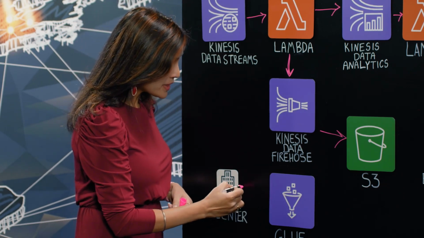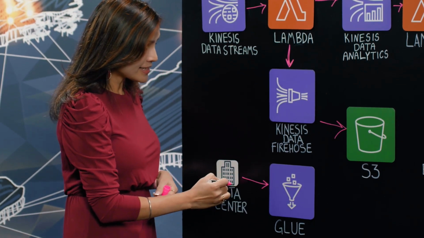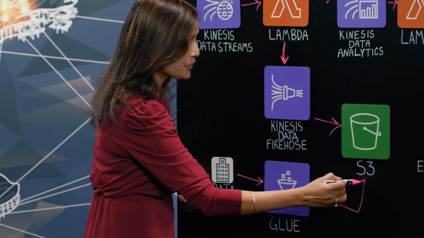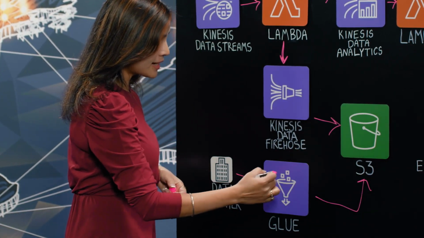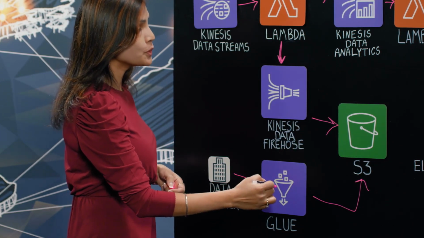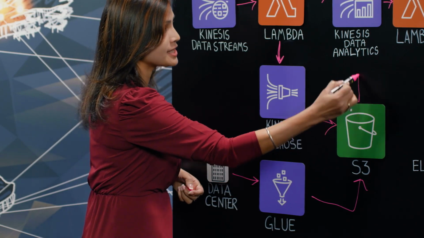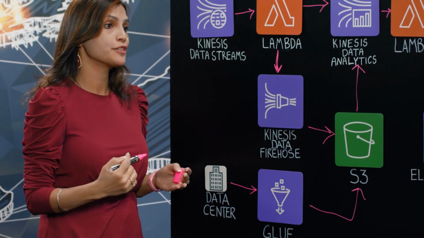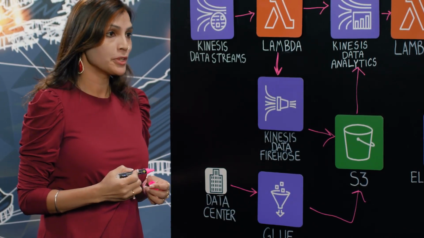So Glue helps us extract the clinical data sets from the data warehouse and pushes that to S3. Once the clinical data sets are pushed to S3, we are also building our static features through Glue and storing them in S3, which is then used by Kinesis Data Analytics to get the complete list of features for our intradialytic hypotension model.